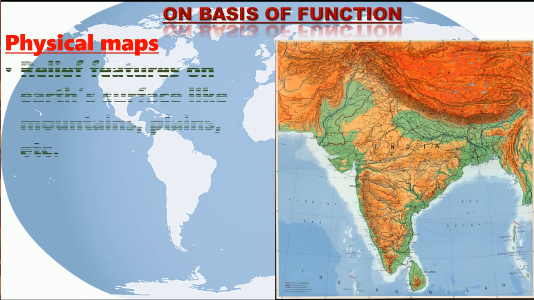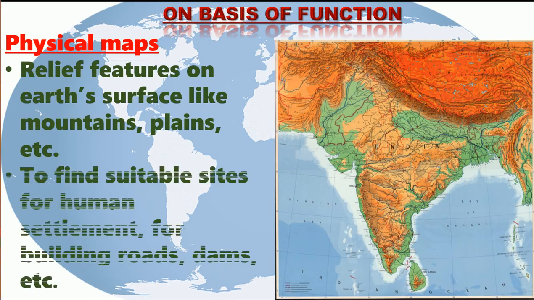What are physical maps? Physical maps show the relief features present on the earth's surface. As you can see here, we are able to see the mountains, the plains, the plateau, the oceans. When such relief features are shown on a map, that map is called a physical map.